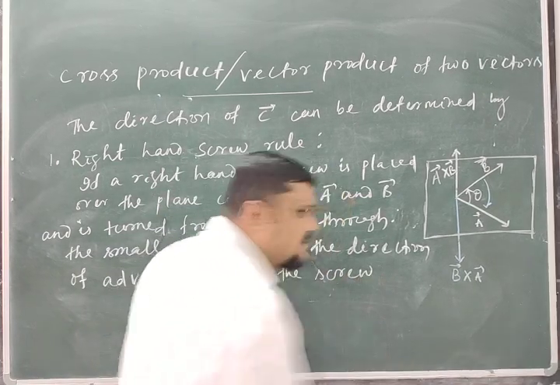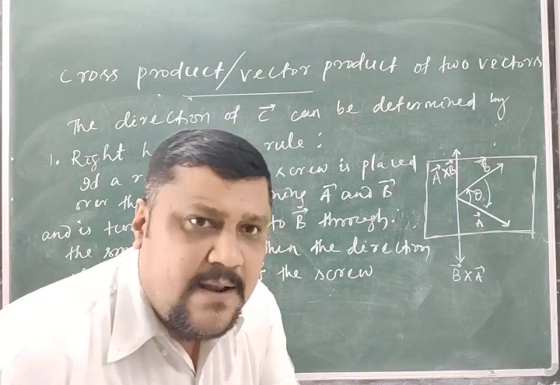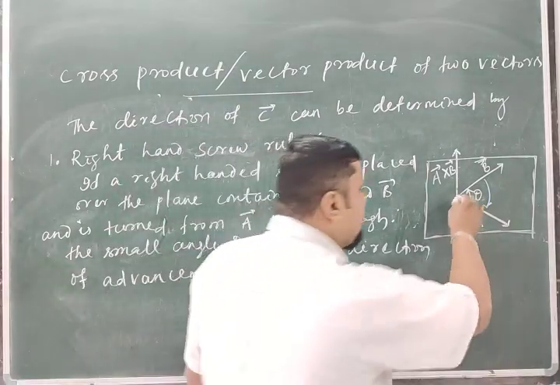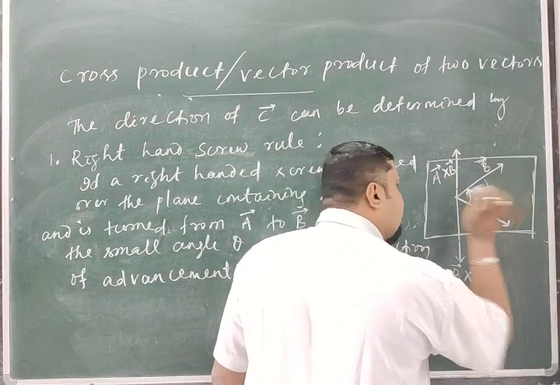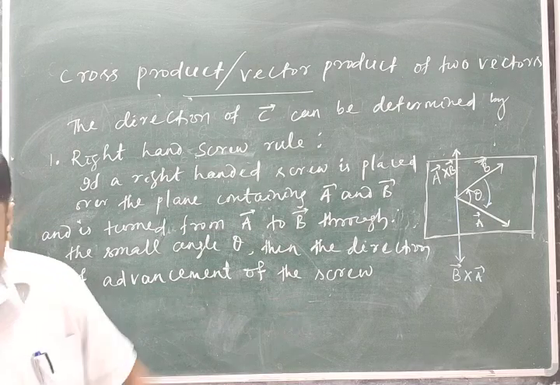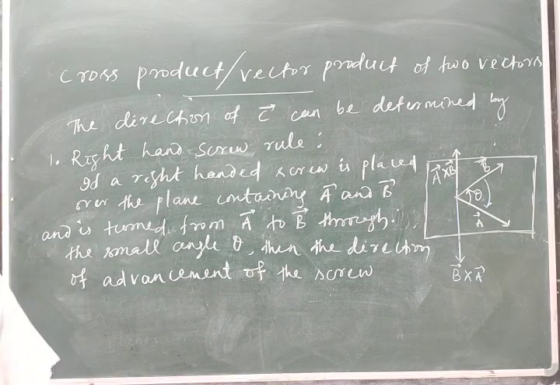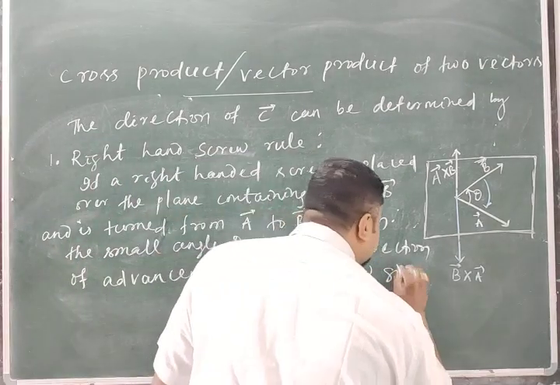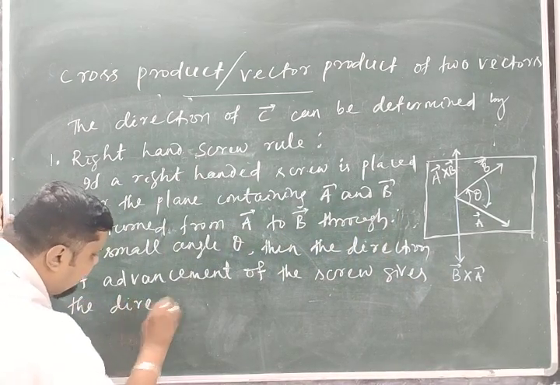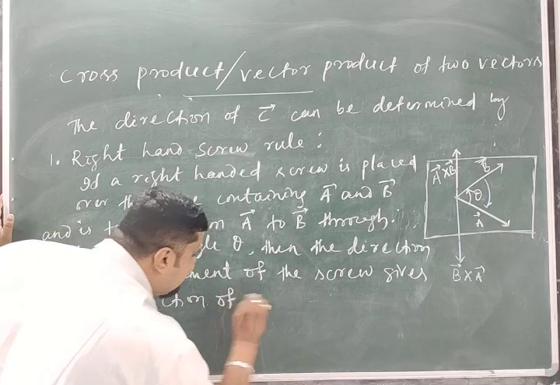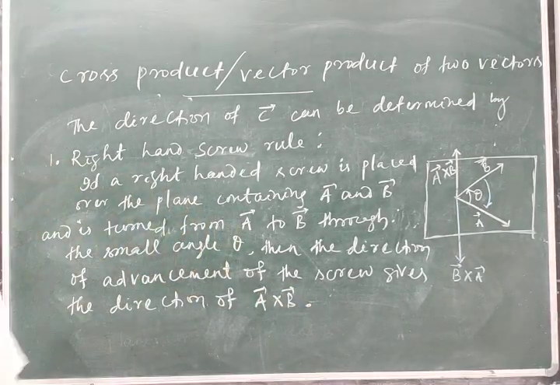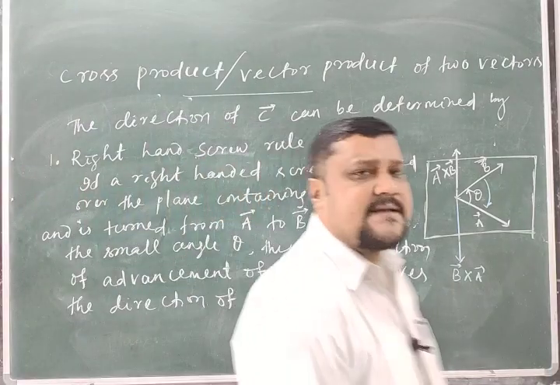If you rotate, the screw will move inward or move outward. So the direction of advancement of the screw gives the direction of A cross B, or your n cap, or C. All are the same direction.